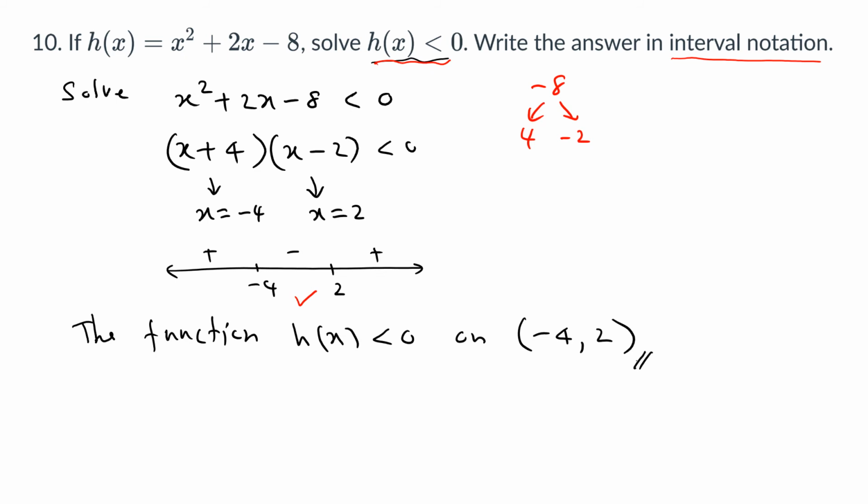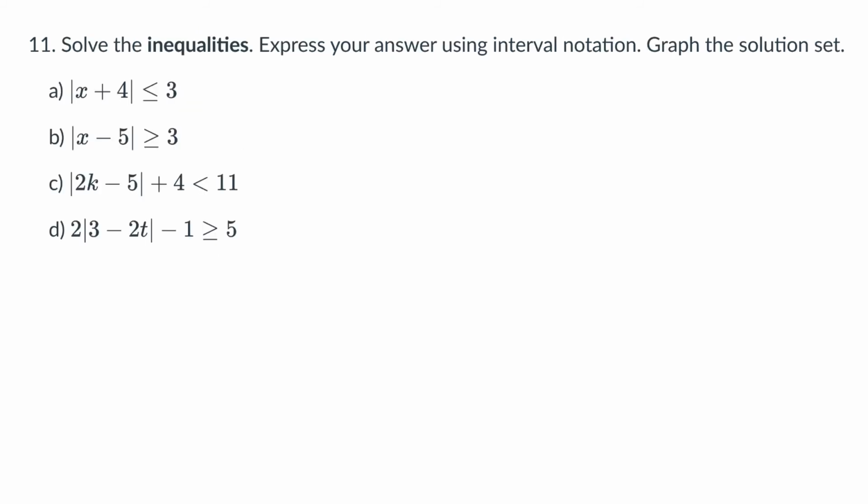Okay, so next, let's go to the next problem. The next one is about solving inequalities. So let's talk about some of the theories that we have. There are three types of problems. The first type is with the equal sign. For example, let's say you have absolute value of x equal a constant. We assume a is positive.